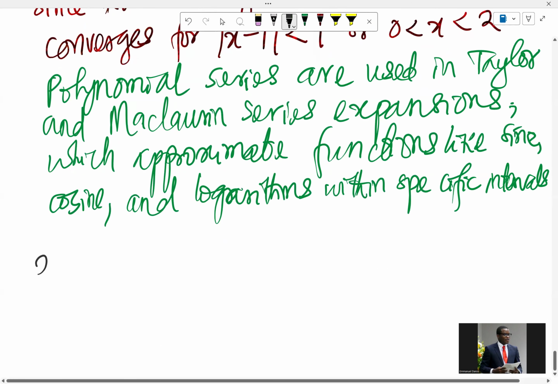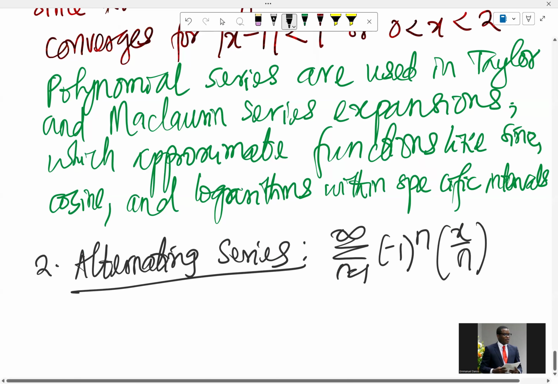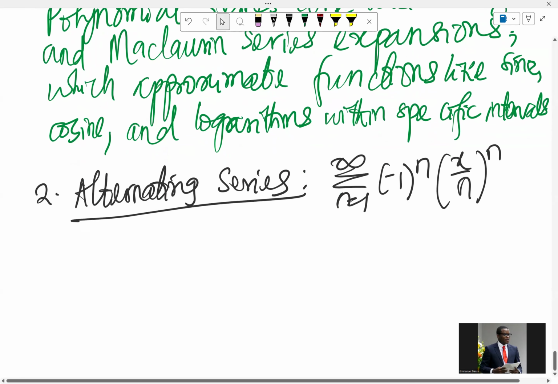Then let's talk about the second example, which is alternating series. A very good example of that is summation from n equals 1 to infinity of minus 1 raised to power n, x over n, all raised to power n. We can write this as summation from n equals 1 to infinity of minus 1 over n, all raised to power n, times x raised to power n.